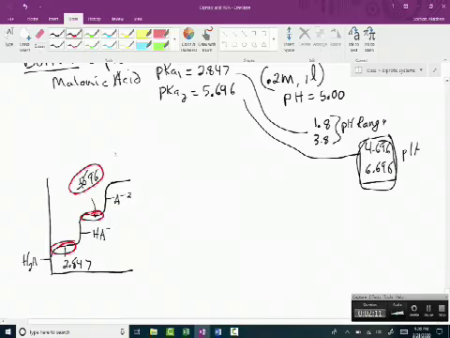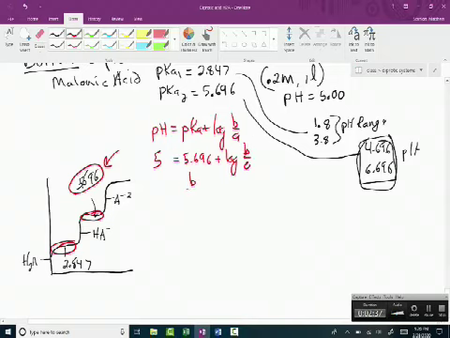And so since I'm close to that one, I'm going to use the Henderson-Hasselbalch equation. pH equals pKa plus the log of the base over the acid, and when I solve this, 5 equals 5.696 plus log of B over A, and I get B over A. This should be easy.